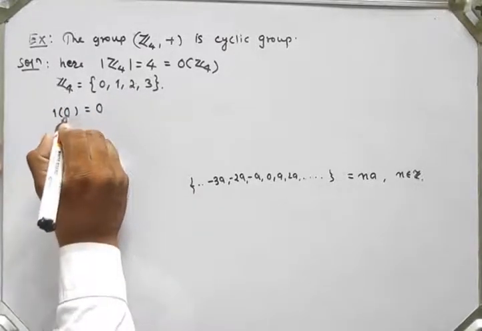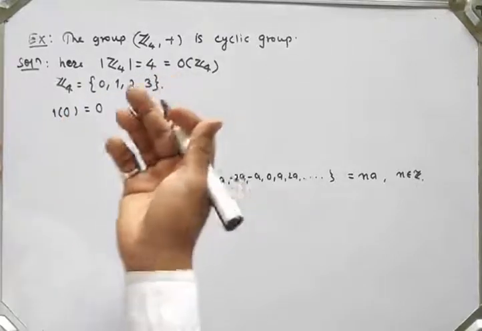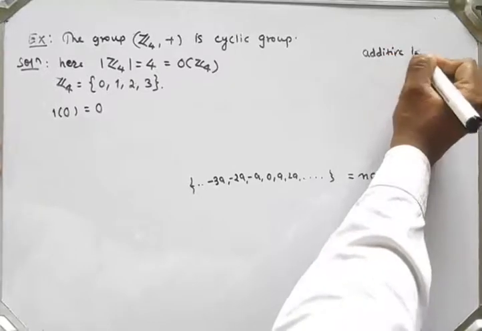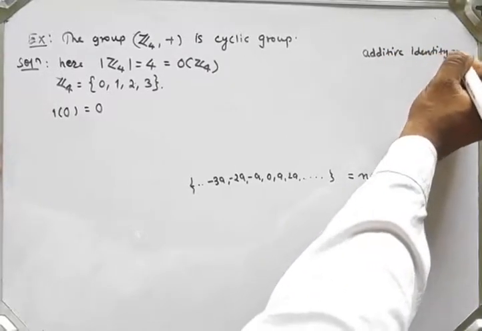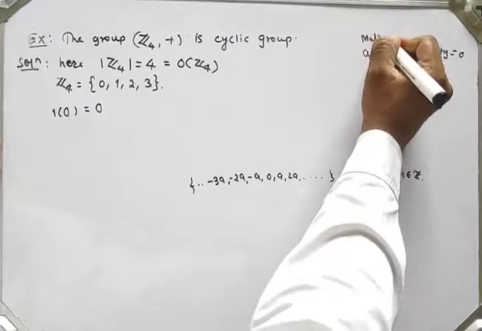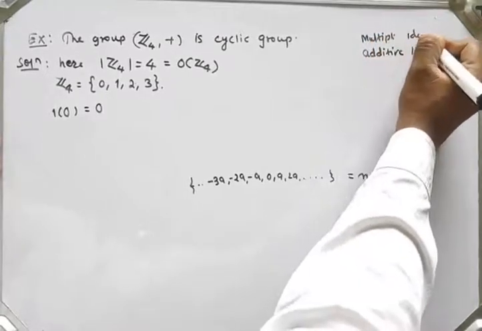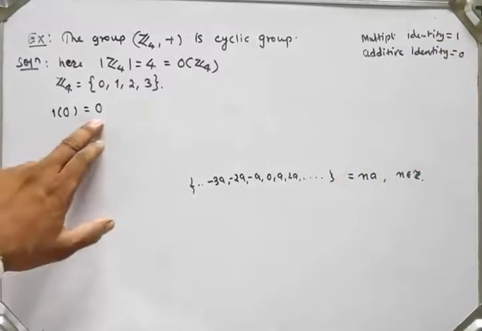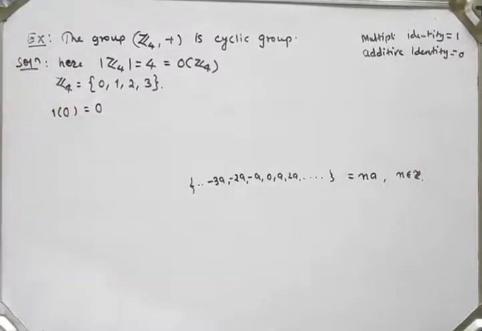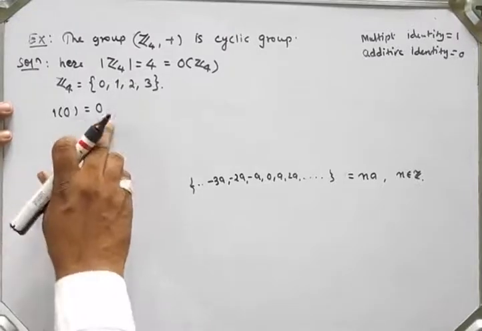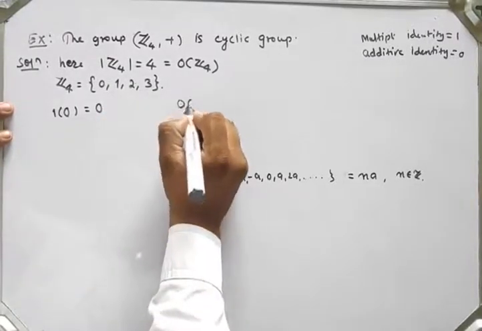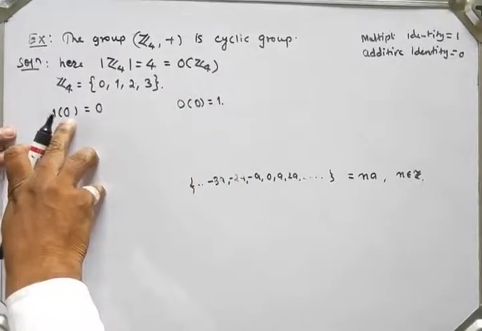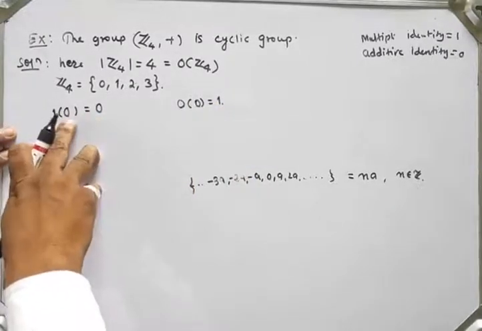The additive identity is 0, and the multiplicative identity is 1. Once 0 comes, you can stop the operation. Here 1 into 0 is 0, so the order of 0 is 1.